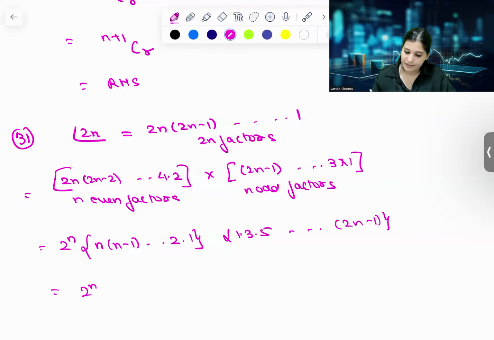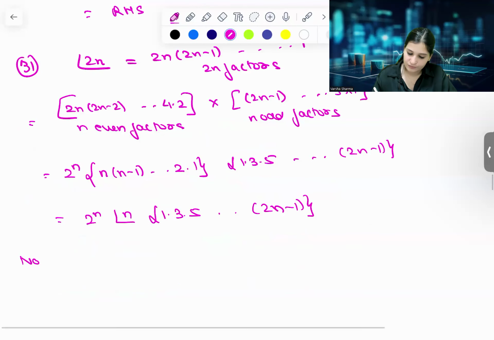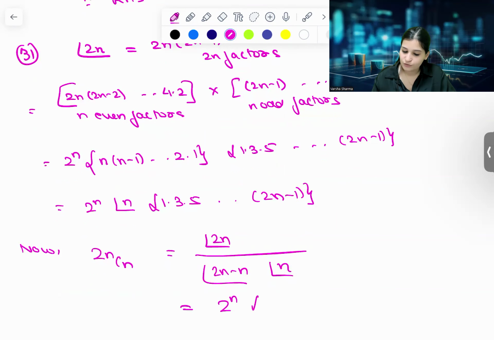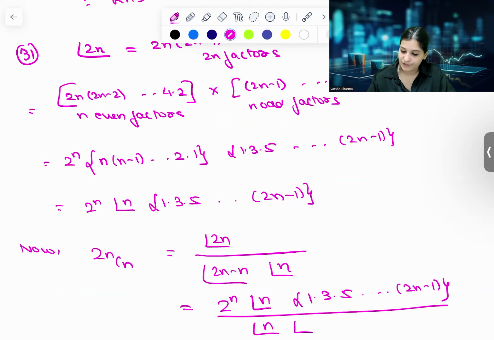So now this can be written as factorial n. So now 2nCn is factorial 2n over factorial n times factorial 2n minus n. So factorial 2n can be written as 2 power n factorial n times 1, 3, 5 up to 2n minus 1, divided by factorial n.